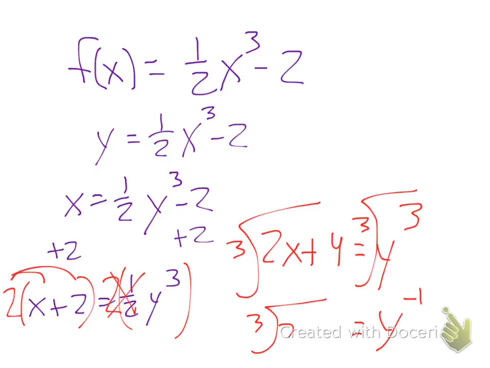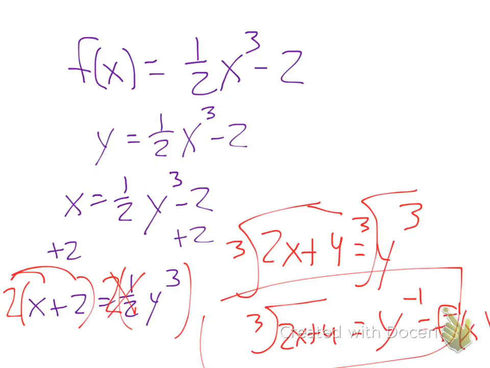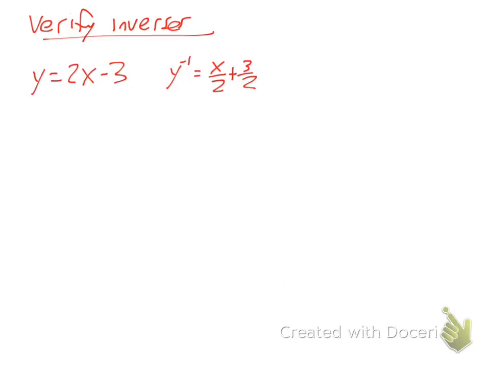And it's the cube root of 2x plus 4. Done. So to properly name this, we would say f inverse of x, because we started off with function notation of f of x. The last thing that I'm going to ask you to do is verify that these are inverses.